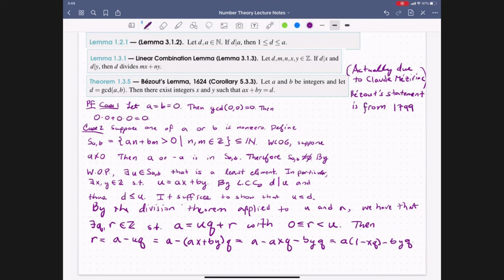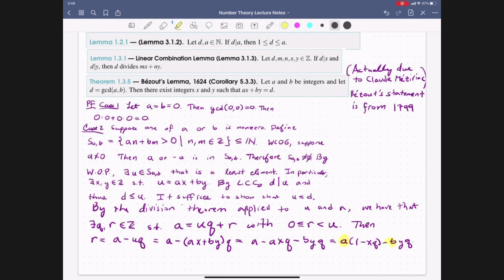And here's the thing. This is the clever aspect of this proof. There's a red herring that I want to emphasize. We have been working with these GCD arguments, so it's maybe the case that we look at this A and B and say, oh, by the linear combination lemma, D divides A and B, so therefore D divides R. But that's actually not going to lead us to what we want.